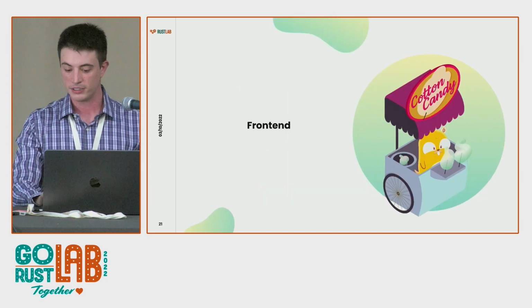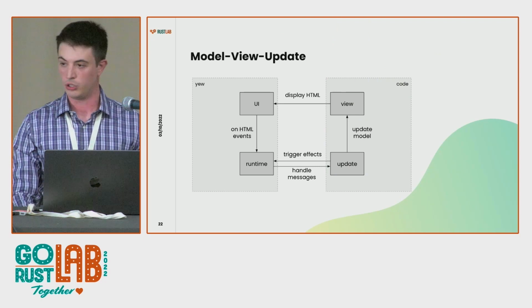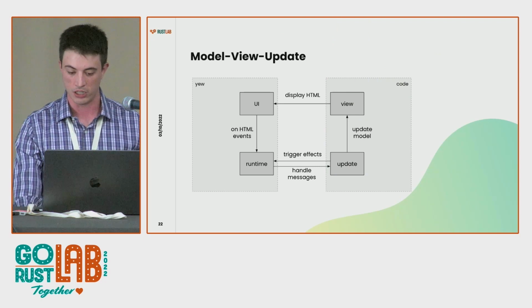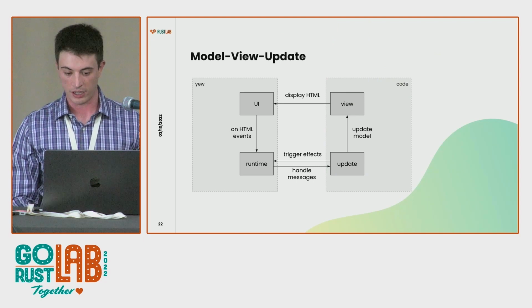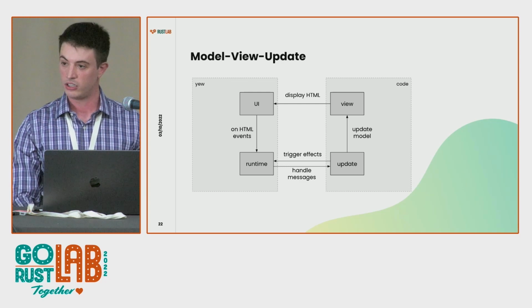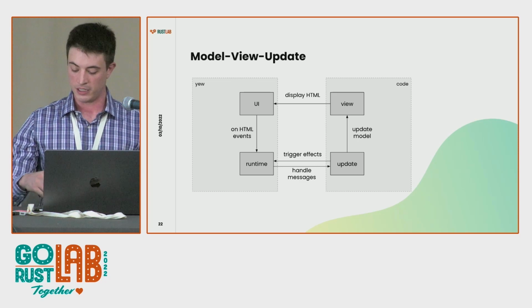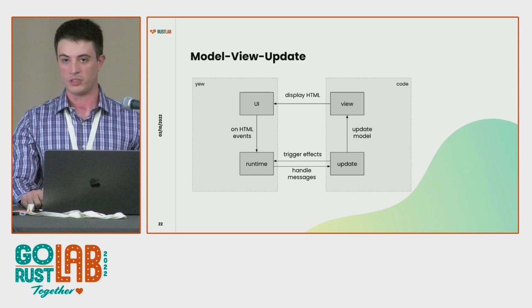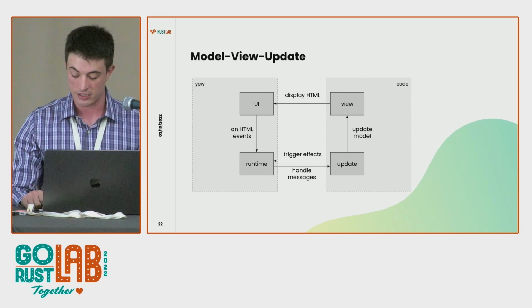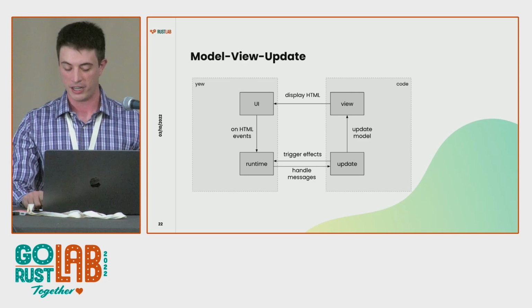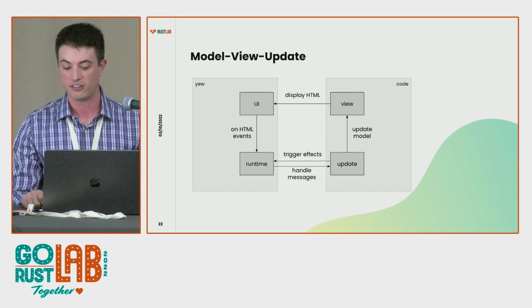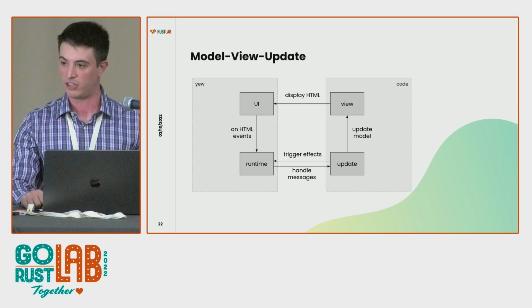So for the front end, I used Yew. I'll say a few words about Yew, which is a Rust WebAssembly framework to build single-page applications. The core of Yew from the developer perspective is composed of Component, which is a trait that Yew provides. This trait has a basic interface made of a view and an update function.